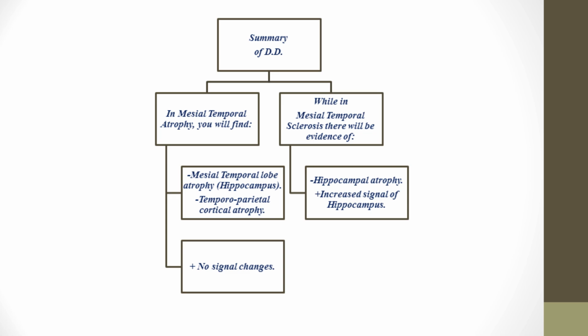Summary of differential diagnosis. In case of mesial temporal atrophy, you will find mesial temporal lobe atrophy plus temporoparietal cortical atrophy plus no signal changes. While in mesial temporal sclerosis, there will be evidence of hippocampal atrophy plus increased signal of the hippocampus.